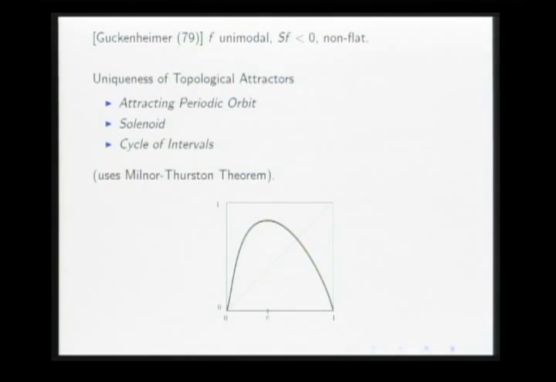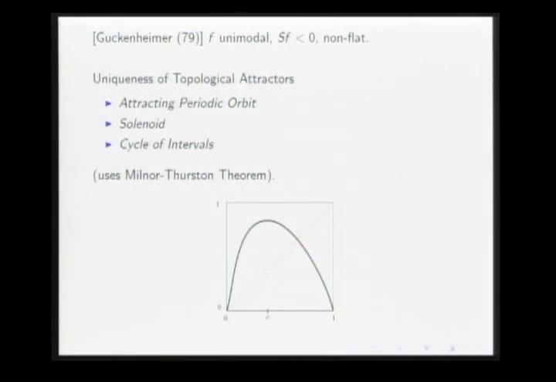So we can think a little about what happened for things whose classifications we already know, as for example the unimodal maps, like this one. If you have a negative Schwarzian derivative and it's non-flat, which means it looks like a polynomial near the critical point, Guckenheimer in '79 classified the topological attractors that can occur for such maps.